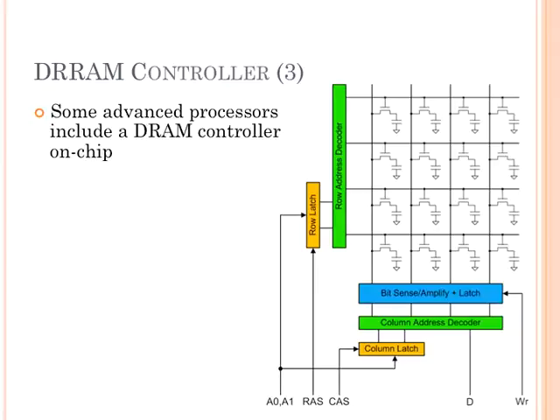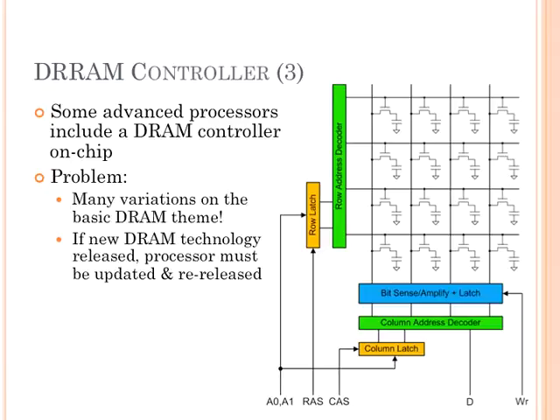Now there are a few processors that include DRAM controllers on chip. But it is risky to do this, and the reason why is because there's a lot of different variations on how DRAM works. You have various optimizations that are employed, and so forth. And so if you wanted to upgrade your system to support a new kind of DRAM, you're stuck if it's on the processor.